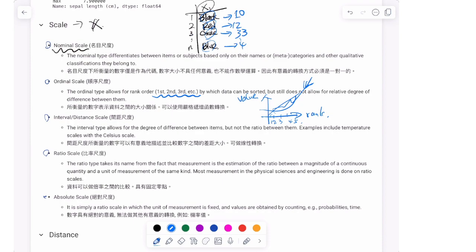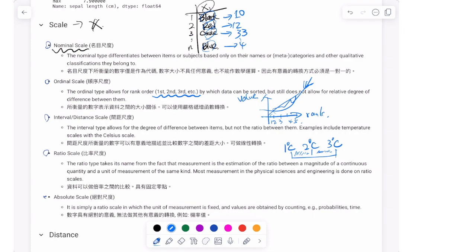Okay, and the third one is called interval or distance scale. For example, Celsius degree. Okay, 1, 2, 3. You can see that the difference between these degrees is the same, right? The difference between 1 and 2 Celsius degrees and between 2 and 3 Celsius degrees, they're the same, right?